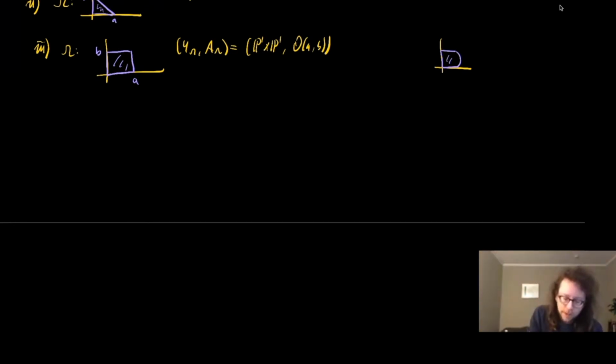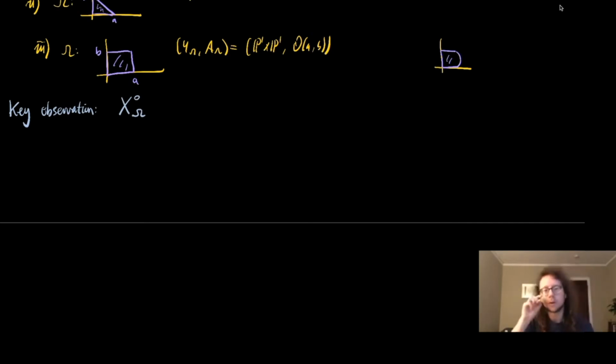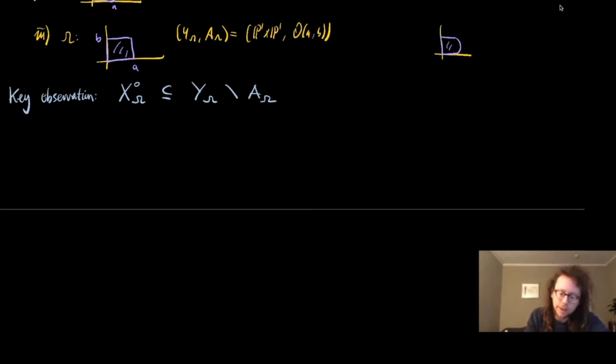Okay, and so the key observation, the reason that I belabored these examples, that we're going to use is that if I look at the interior of one of my X_Ω, so this is like the open ball, this lives inside Y_Ω even after I take out the support of my polarization, the support of my divisor, A_Ω.